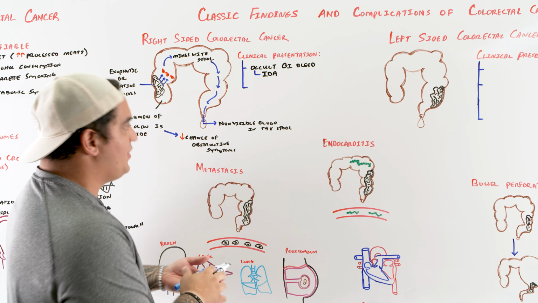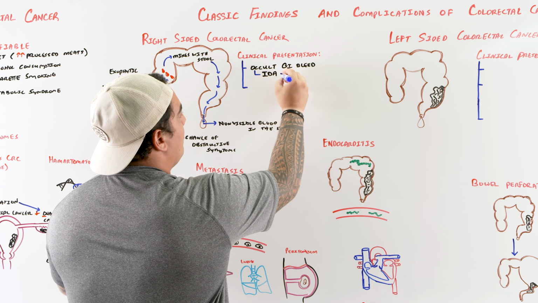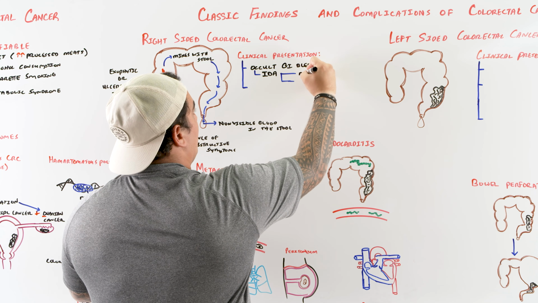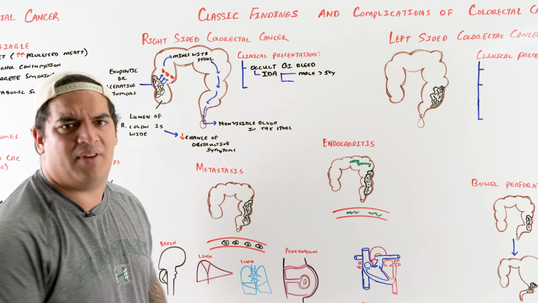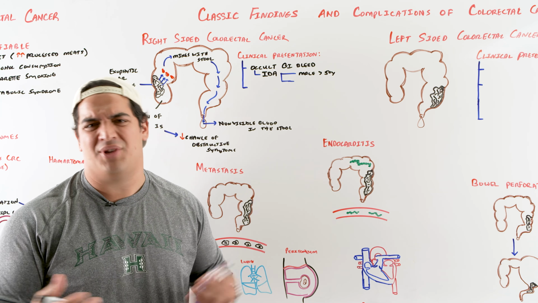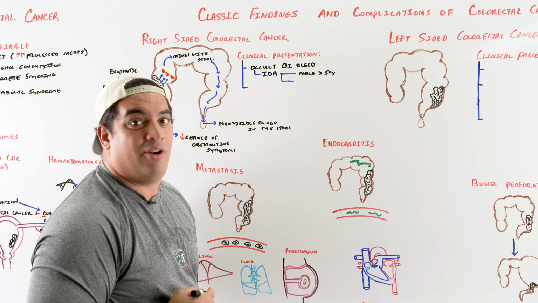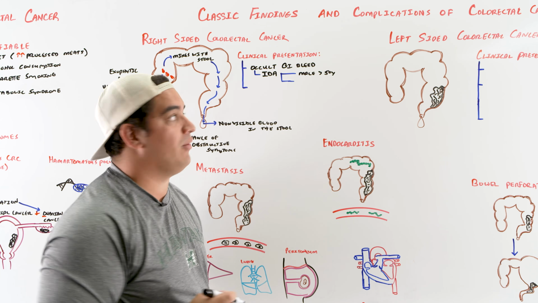Now, this iron deficiency anemia can present in two clinical vignettes. One is a male greater than 50. If you see a male greater than 50 with symptoms of anemia, and what are symptoms of anemia oftentimes? Fatigue, pallor, some generalized weakness. Male greater than 50 with iron deficiency anemia and no ascertainable cause, you think about colorectal cancer until proven otherwise.